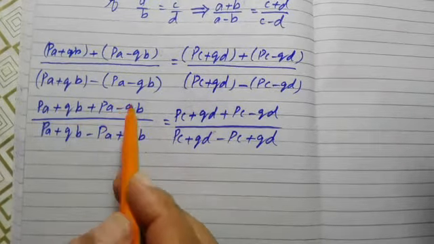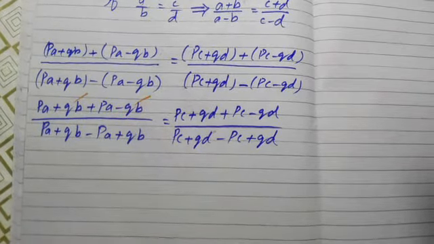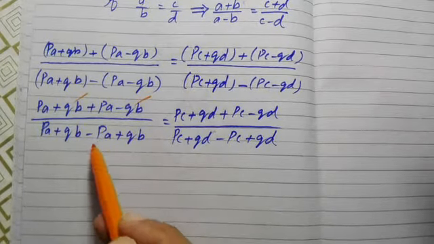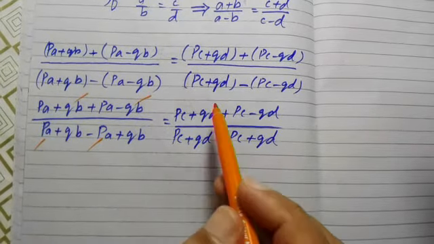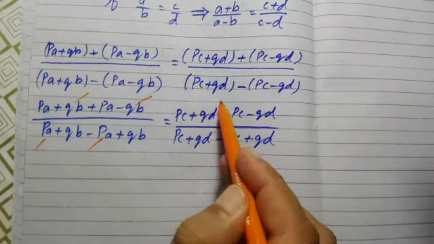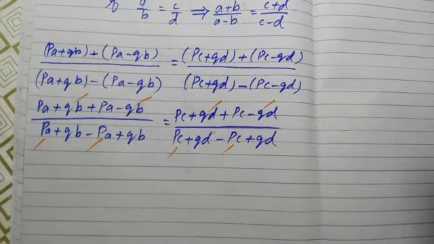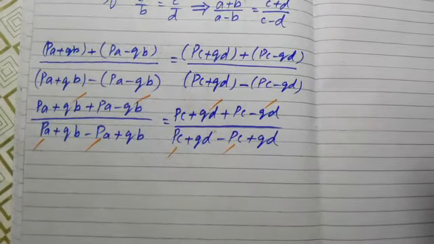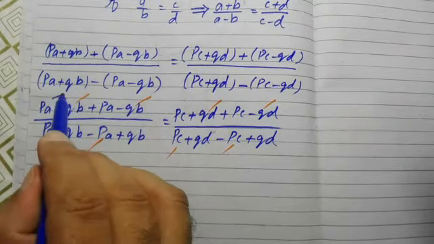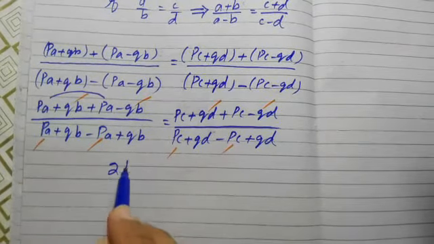You will see QB will be cancelled by QB and PA will be cancelled by PA, and again QD will be cancelled by QD and PC will be cancelled by PC. So once it has been done, you will notice PA will become 2 times PA.